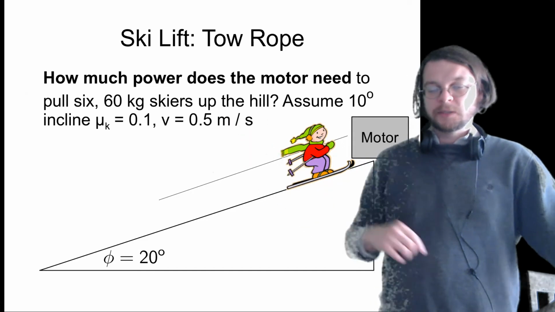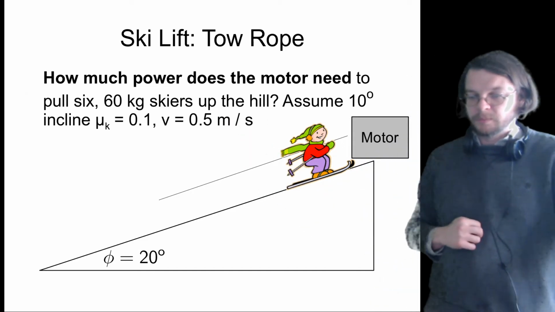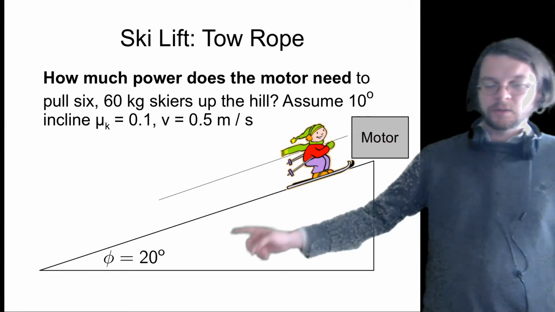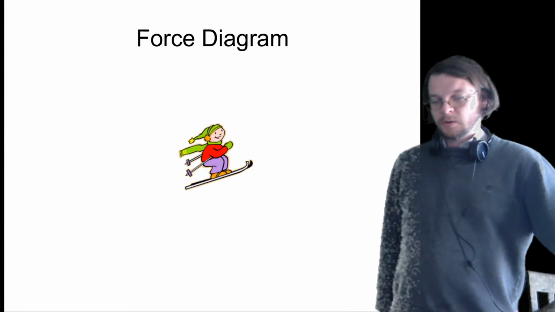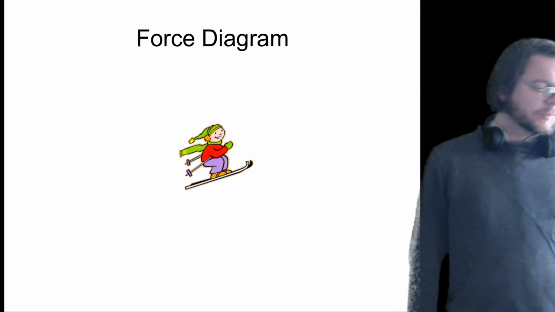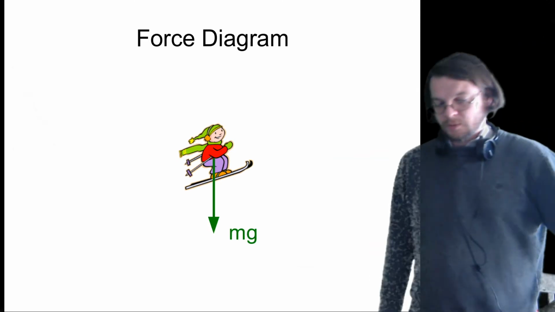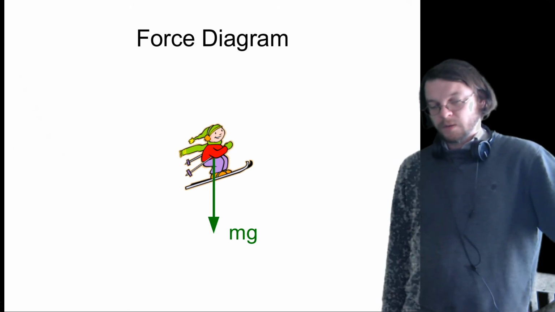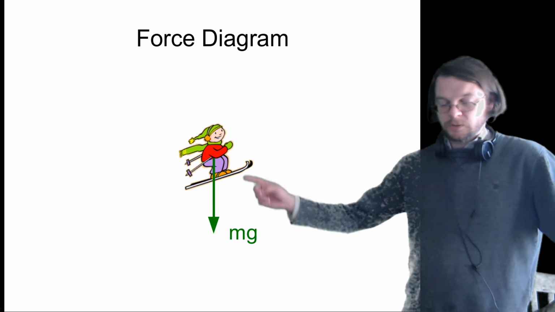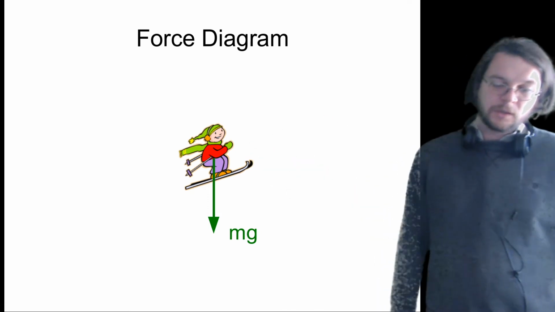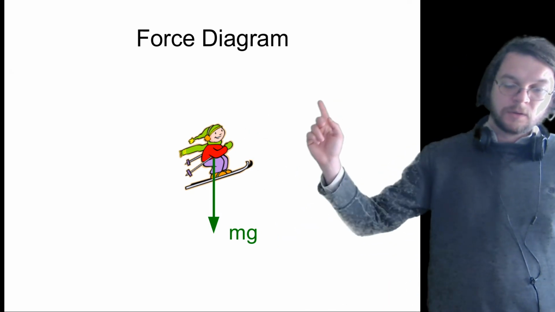And then there's some speed that we're pulling the person up the ramp. I think I should say 20-degree incline, so sorry, that's a mistake. All right, so we can draw the force diagram here. The easiest one is the weight, so the weight is pointing down, as always. There is going to be some force of the cable, the ski lift, pointing up this way.